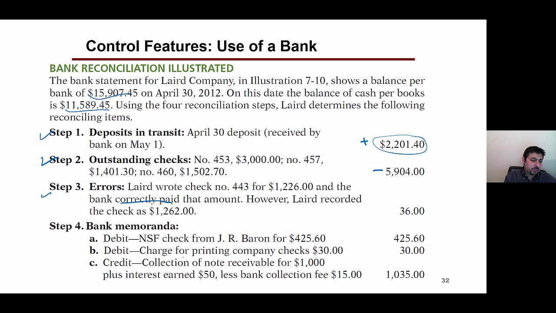So the amount that was collected from the note receivable is 1,000 plus 50, that was the interest, minus the 15, which is the fee. So the collection fee is this one, and this one is the interest that was earned.